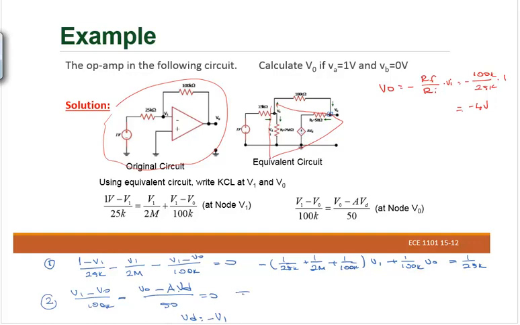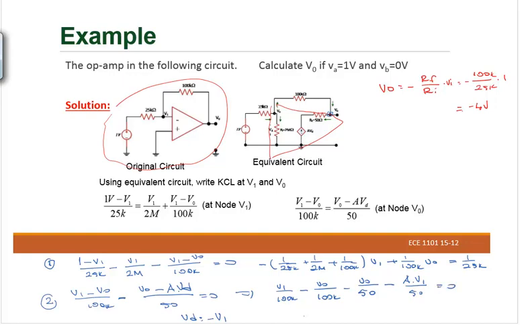I'm gonna do this one like this here. V1 divided by 100K minus V0 divided by 100K minus V0 divided by 50 minus minus positive another minus right there. I'm gonna have here another minus A times V1 divided by 50 equals 0.